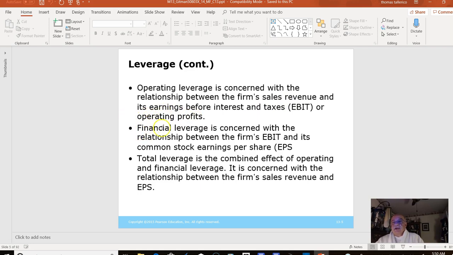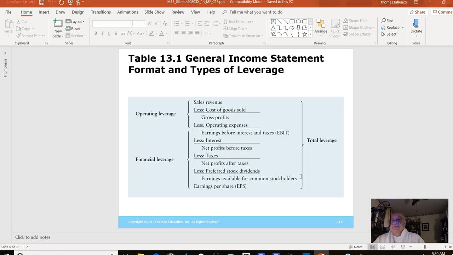And then financial leverage is going to take us the rest of the way down the income statement, from EBIT to earnings per share. So total leverage will be the combined effect, as I said, of the sum of these two, all right? So we have operating leverage, financial leverage, and total leverage.